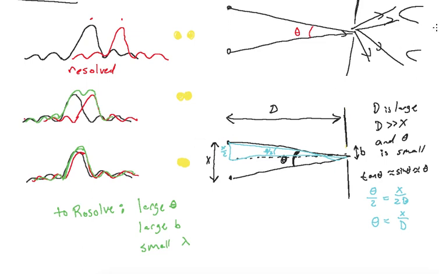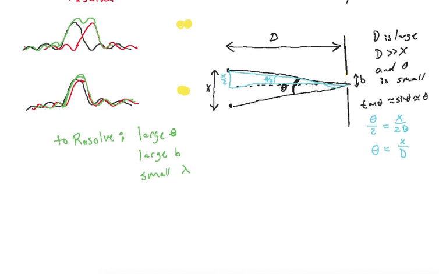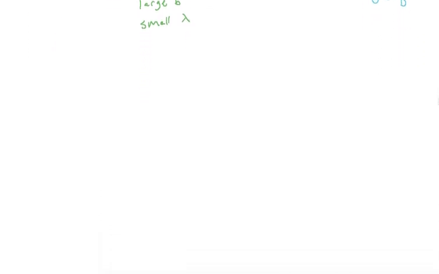So we should be able to quantify this in some way. We're not going to go through some crazy derivation for this, beyond the scope of what we need for this class, but we can use the result, and it's called Rayleigh's criterion.